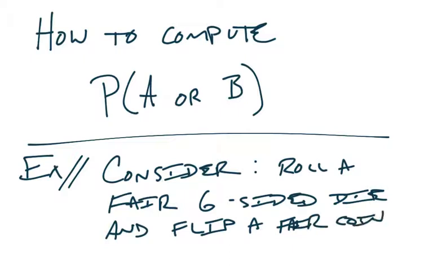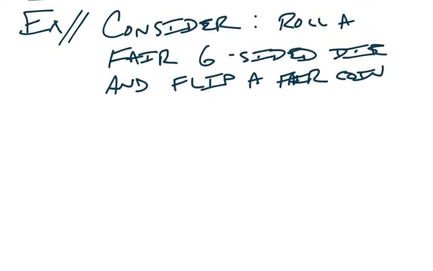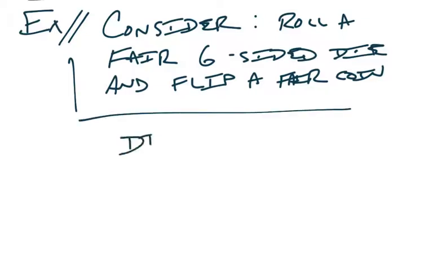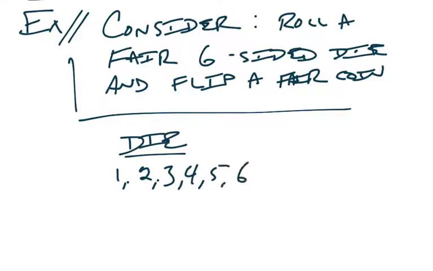All right, so we've got the die, which has 6 possible outcomes, and we have the coin, which has 2 possible outcomes, heads or tails.